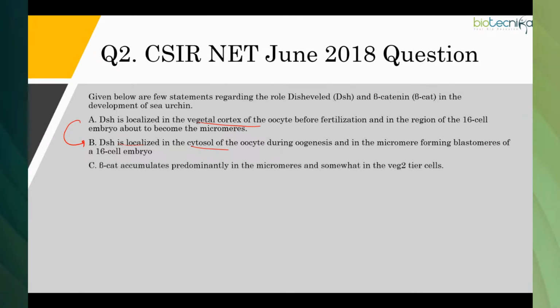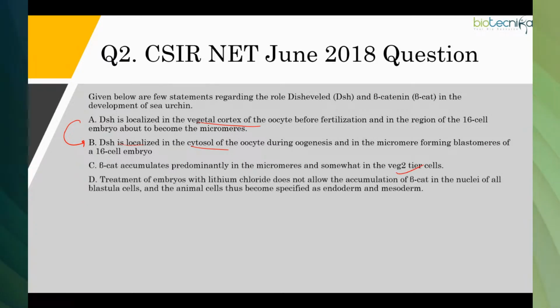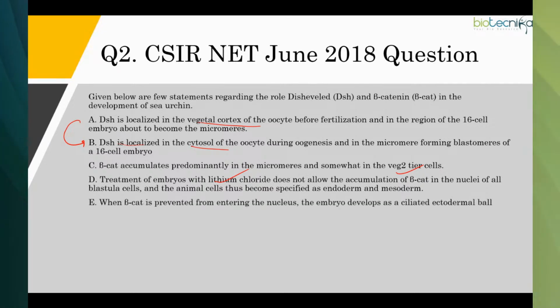Then beta catenin accumulates predominantly in the micromeres and somewhat in the upper layer of cells, which is the Veg2 layer. And treatment of embryos with lithium chloride does not allow the accumulation of beta catenin in the nuclei of all blastula cells. Okay. And when beta catenin is prevented from entering the nucleus, the embryo becomes a ciliated ectoderm.